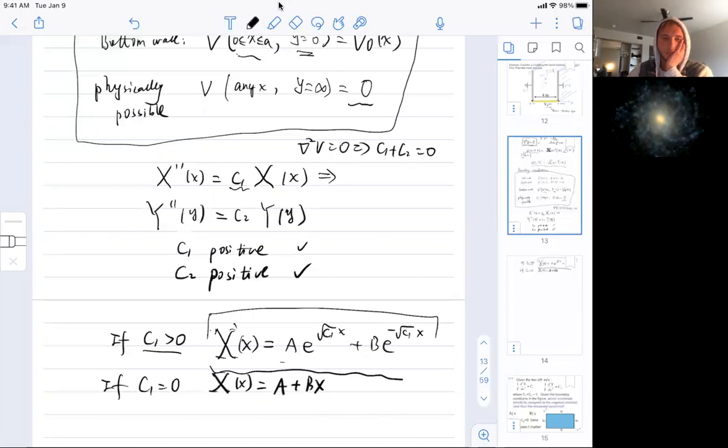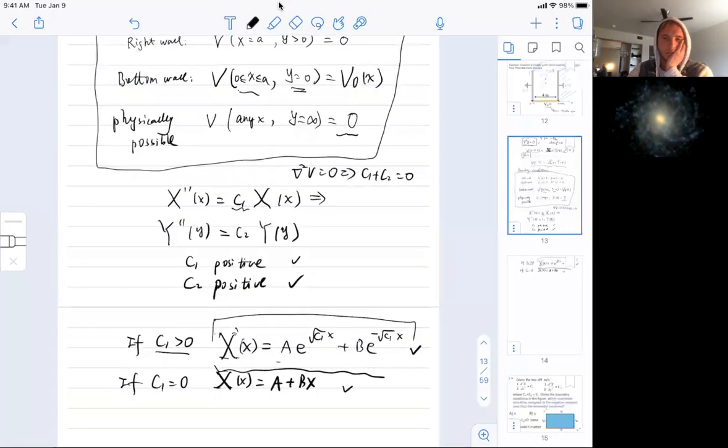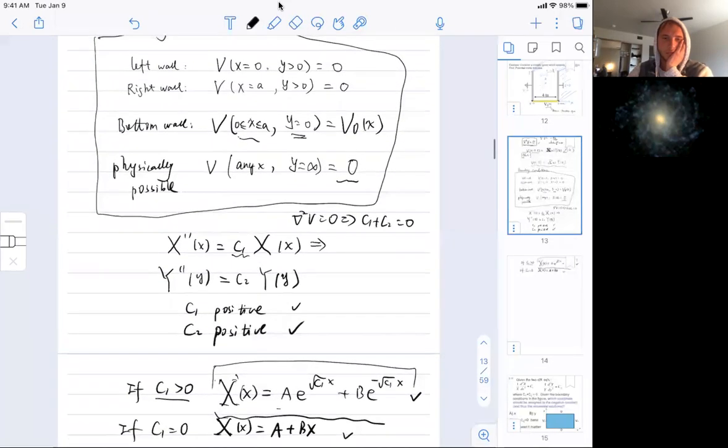So do you think this could satisfy the boundary conditions? We can think about a plus bx. That's a little bit simpler format. If the function of x is a plus bx, could it satisfy these two conditions?